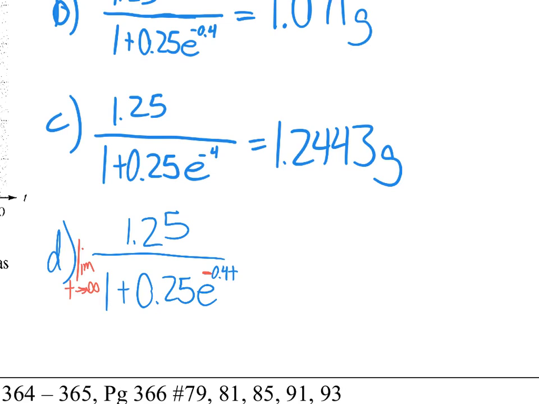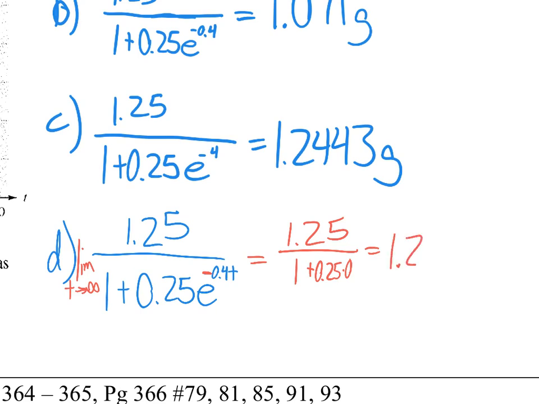So the denominator will equal 1, because we're going to have 1 plus 0.25 times 0. So the whole thing will be approaching 1.25.